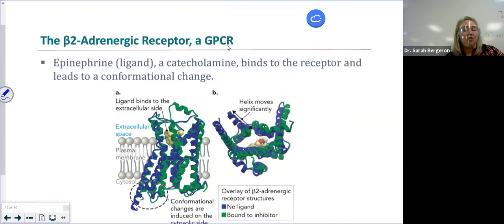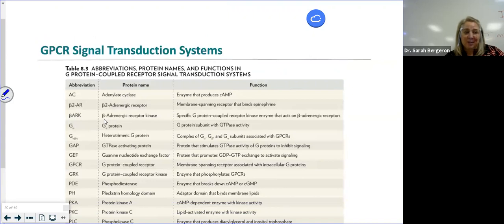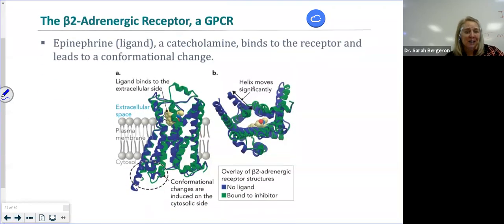One example of a GPCR is the beta-2 adrenergic receptor. If you go back here, this is the beta adrenergic receptor, the beta adrenergic receptor kinase. So when you're looking at these abbreviations, keep it next to you as you're studying.